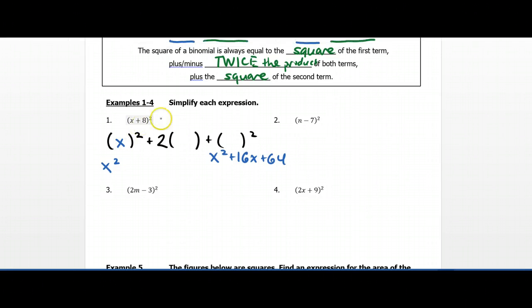The product of x and 8 would be 8x. Twice that, times 2, would be 16x, so plus 16x. And then finally, I take my last term, which is 8, and square it. 8 squared is 64. So if you're using that rule up there, you do get the same thing, x squared plus 16x plus 64. Okay, so we're going to practice using that rule now for each of these examples 2, 3, and 4.